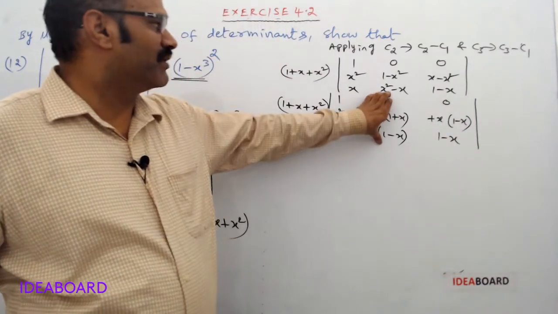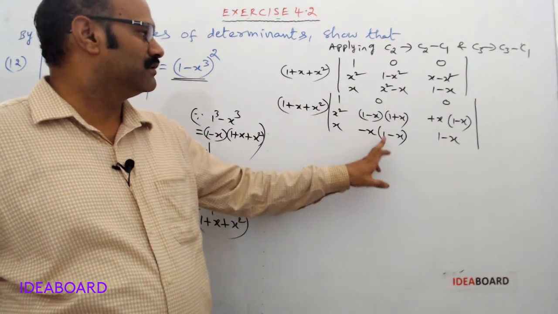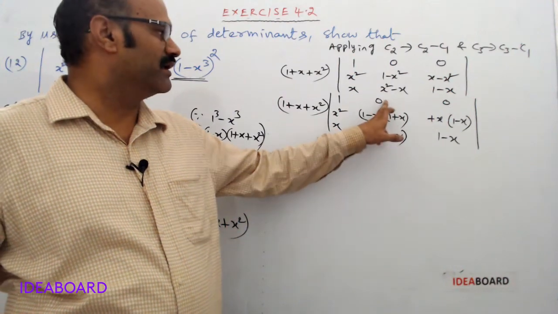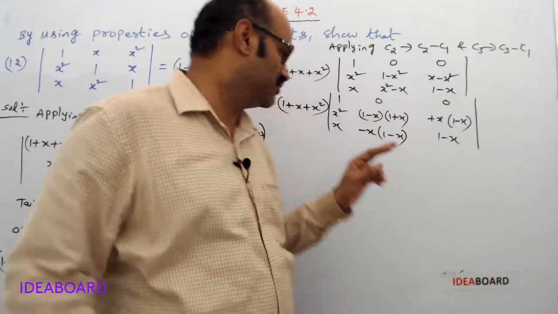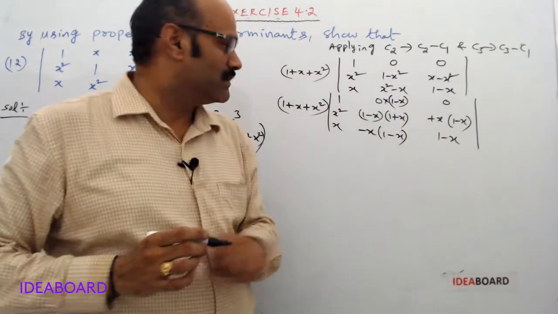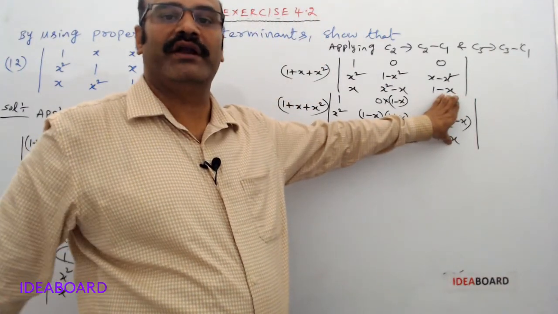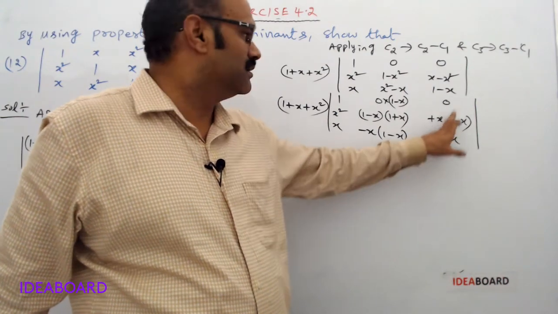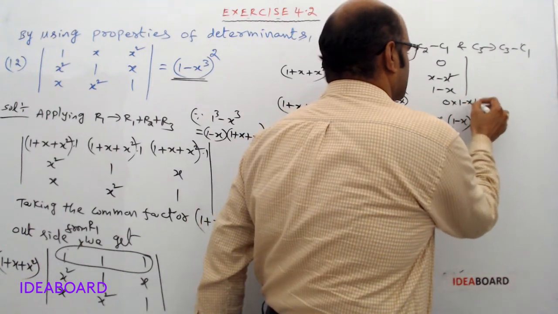From C2, 1 minus x is common, and here we have 0. Whenever you have 0, you can take anything common, so write 0 into 1 minus x. In C3, 1 minus x is the common factor, and since we have 0, we write 0 into 1 minus x.